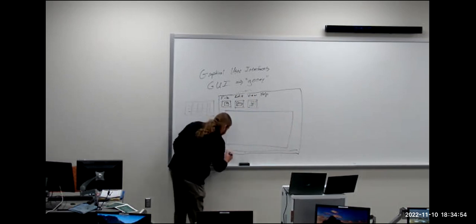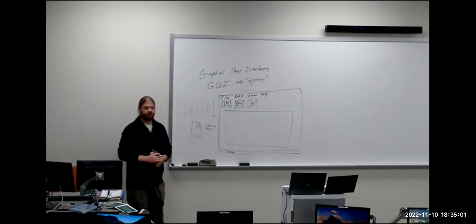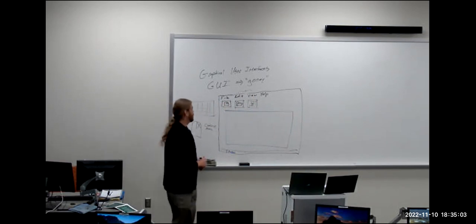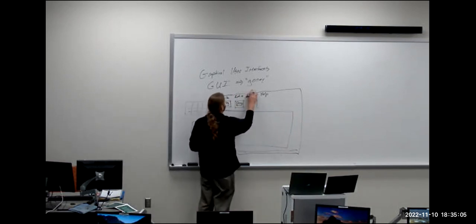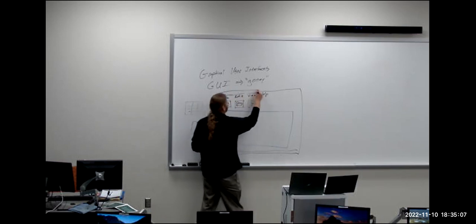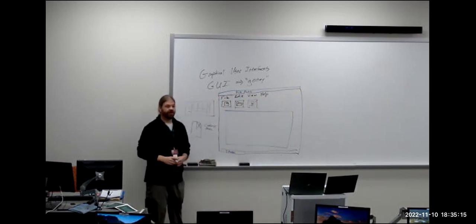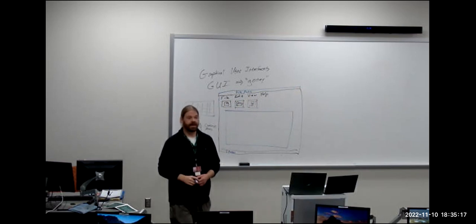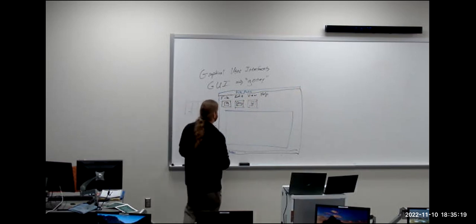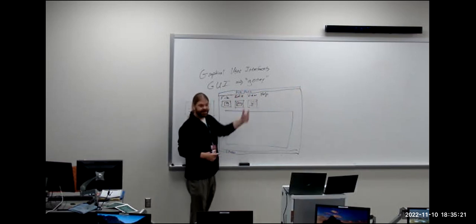And then down at the bottom, we have a status bar telling us what's going on, what all's happening with it. And usually up here at the top, we'll see the file path of the currently open file. And not just that, but that file path with the name.